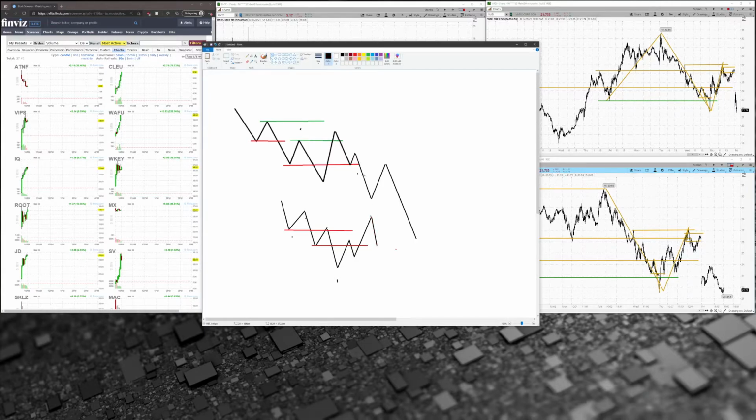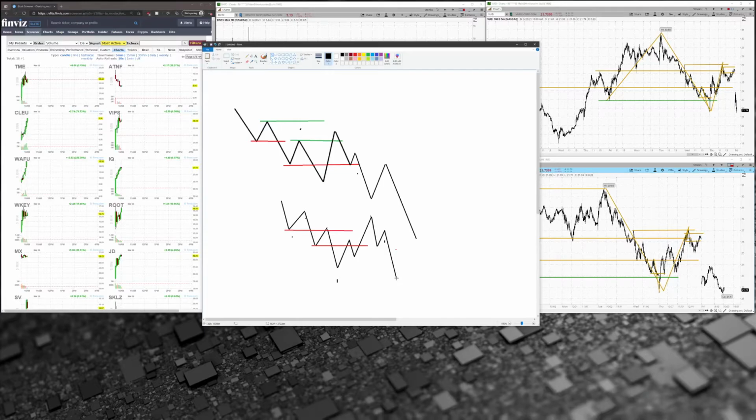Bounce off there, let's make that black. Make a new low. This will become your resistance as a failure trade. But this is now a short continuation.